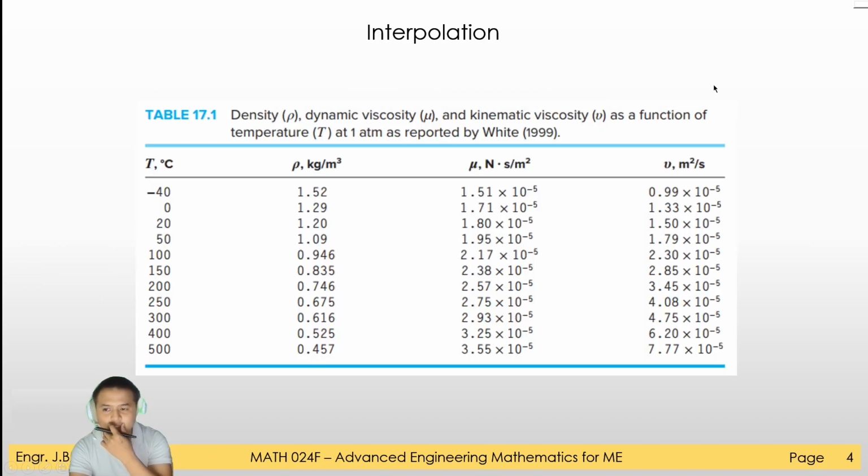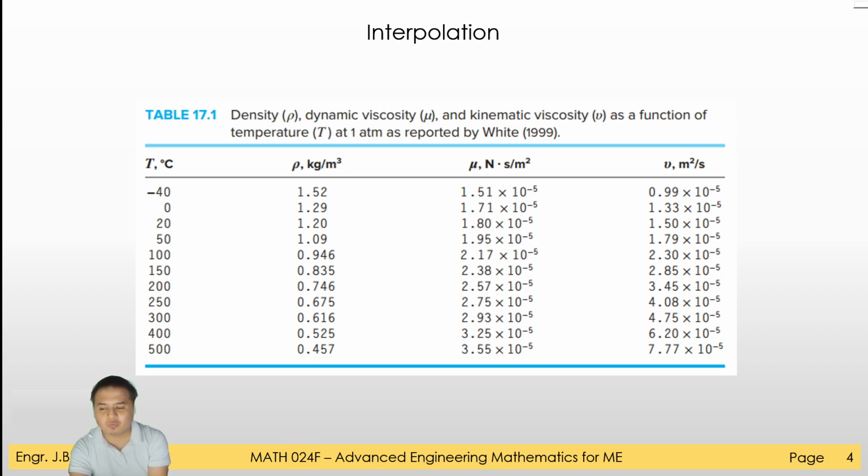Let's imagine a scenario where we have data of a specific fluid, control volume or mass with varying properties. So let's say you have this fluid or object or mass, whatever, at negative 40 degrees Celsius.